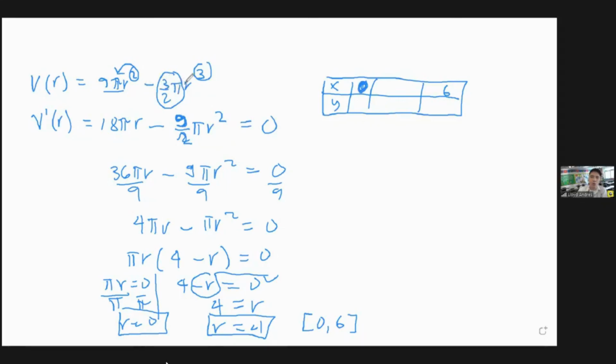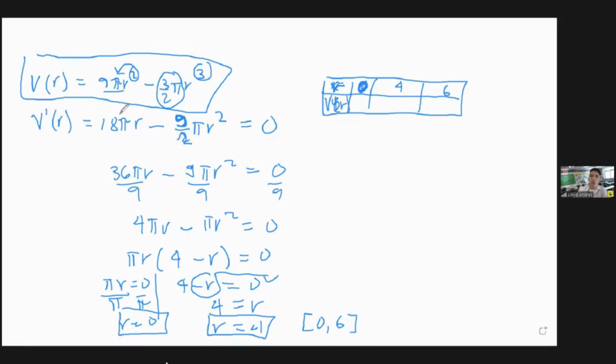And 4. Then it's just substitution. We substitute into the original, not x, but r in V of r.